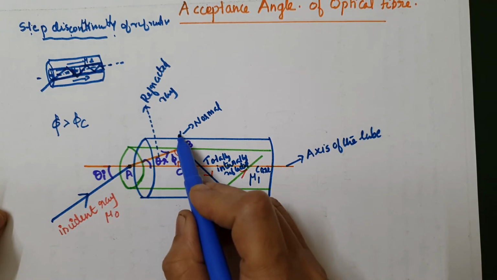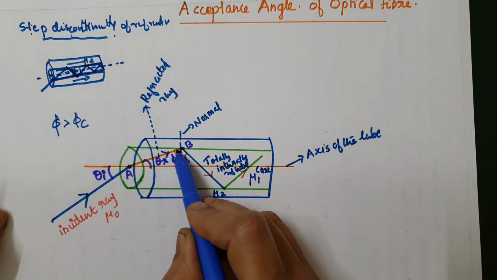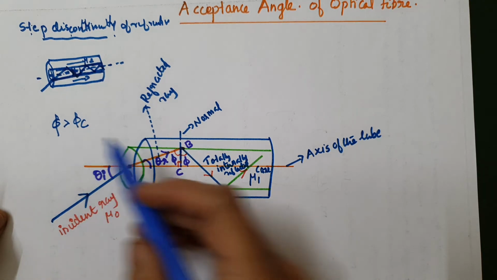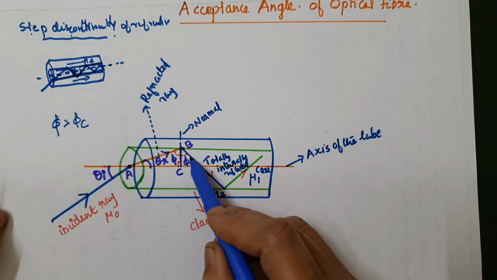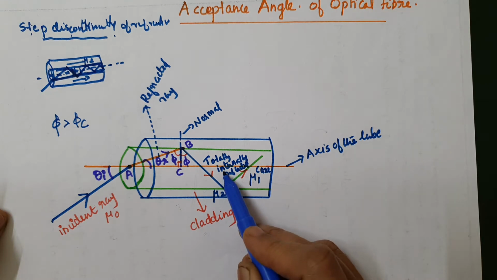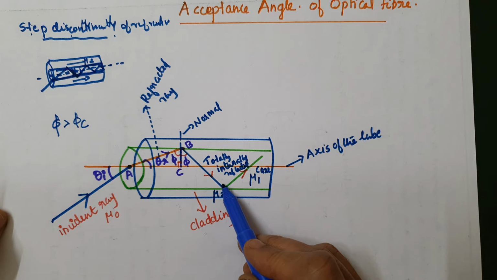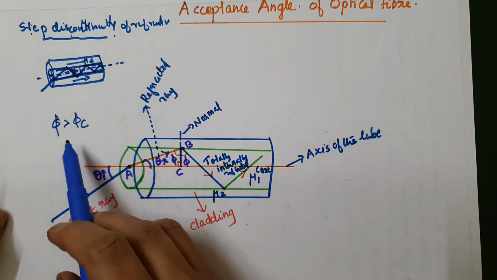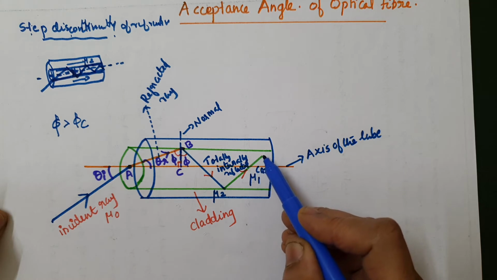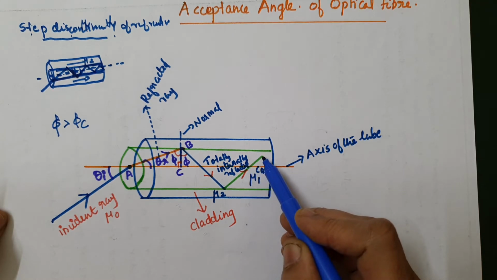Here the refracted ray and the normal make an angle phi. If this phi is greater than phi c, then this ray will be totally reflected into the same core region. Here also, when the angle of incidence is greater than phi c, the ray again goes in this direction, that is, it is totally reflected into the medium.